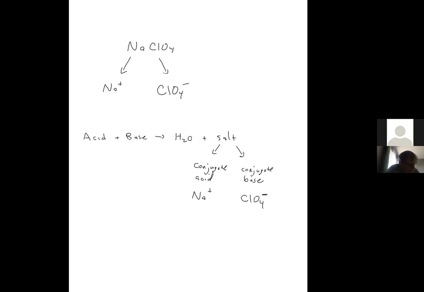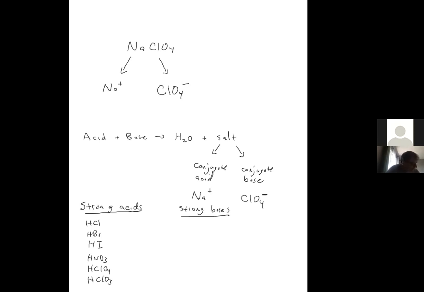The way we determine this is by considering all of your strong acids and your strong bases. You just want to have this in a table next to you or memorize them, which would be even better. The strong acids are HCl, HBr, HI, HNO3, HClO4, and HClO3. That's generally considered the list of strong acids.